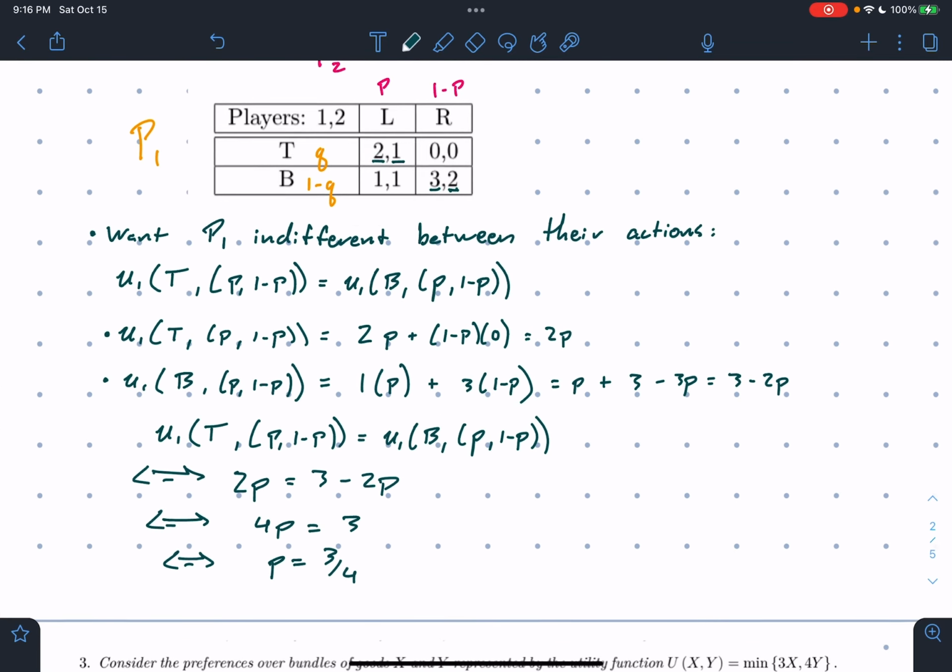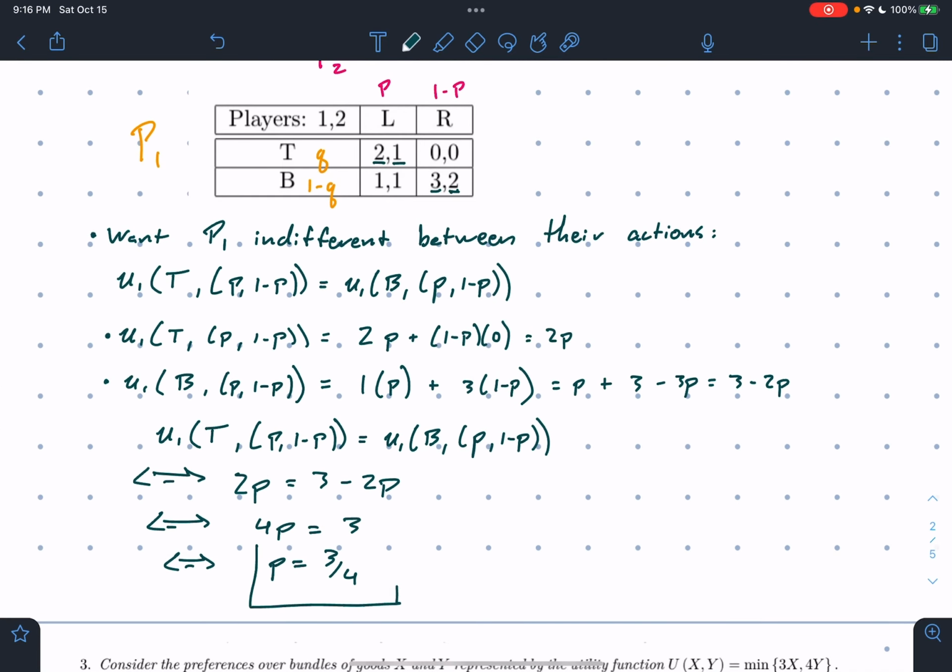So what we did was we found the probability for player 2 to play L, and they'll play R with probability 1 minus P. This will make player 1 indifferent between playing T and B. So again, just to summarize, player 1 is indifferent between playing T and B, given that player 2 plays L with probability P and R with probability 1 minus P, where P is equal to 3/4.